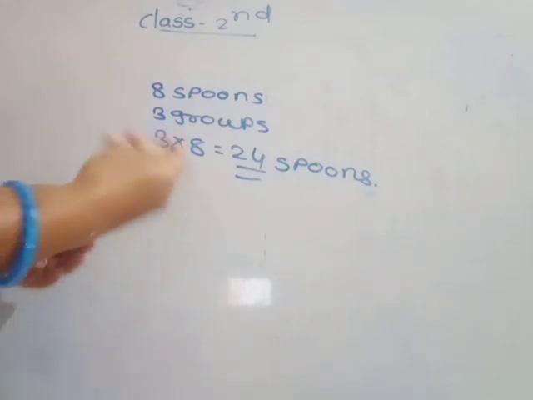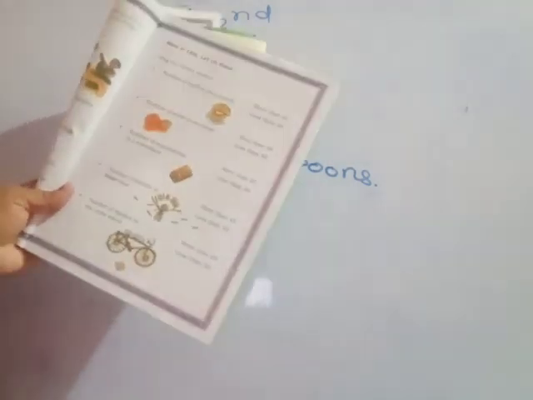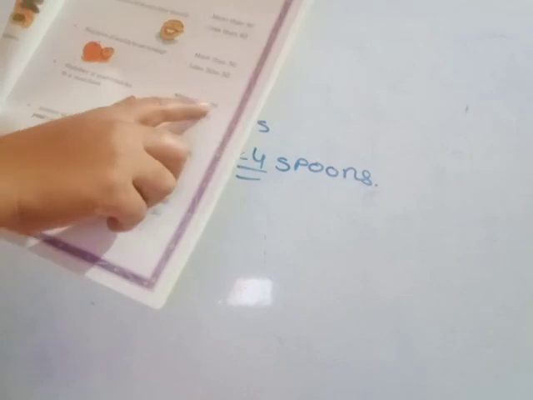Then again some remain here. Number of matchsticks in a matchbox, more than 30 or less than 30? More than 30. If there is a matchbox in your home, count how many matchsticks are in it. This is more than 30.